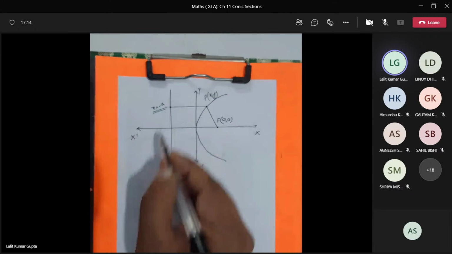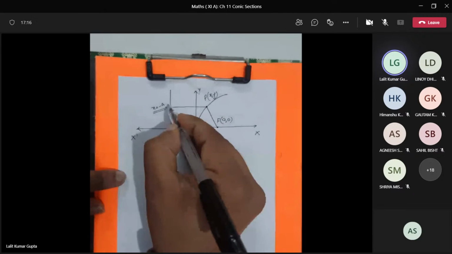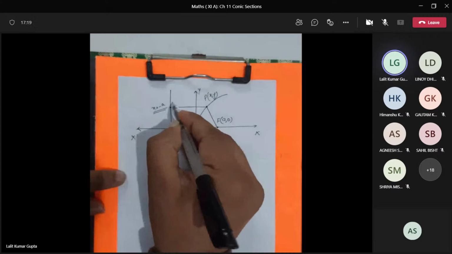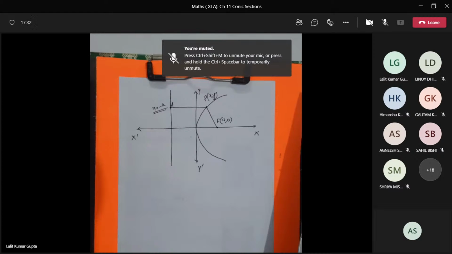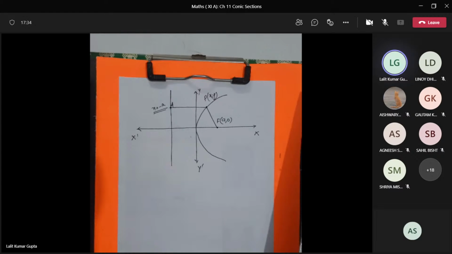What is this point beta? Suppose P, F, इसको B बोल देते हैं या A बोल देते हैं. What are the coordinates of A point beta? Any point on this line parallel to y axis. बोलो बेटा.